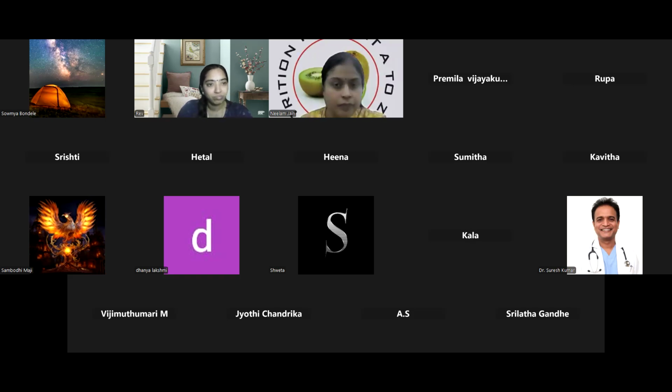But since transferrin is not there, this glucose and hemoglobin interaction would have been less. That's why the HbA1c is also on the lower end. Absolutely, that's relatable. Thank you, Soumya. Good point.